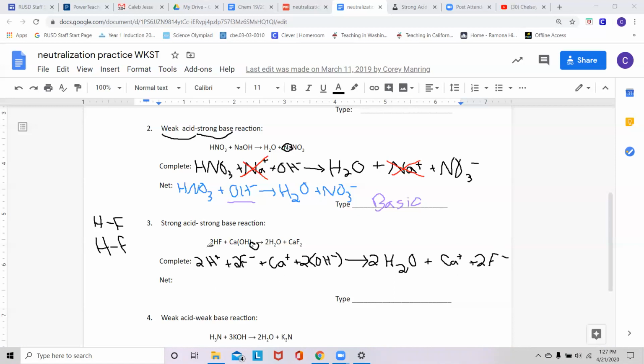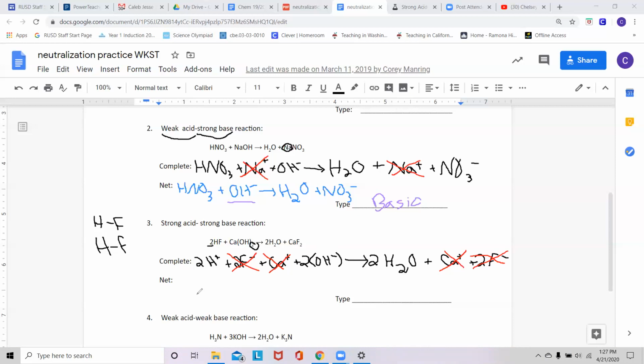We have H plus on this side. We have no H plus on that side, so we leave it alone. We have our 2F minuses on this side, 2F minuses on that side, so we can go ahead and cross those out. We have Ca plus on this side and also on that side, so we can go ahead and cross that one out. And we have our 2 OH minuses on this side, but no OH minuses on that side, so we leave that alone.